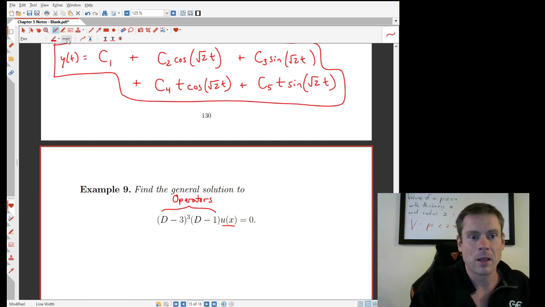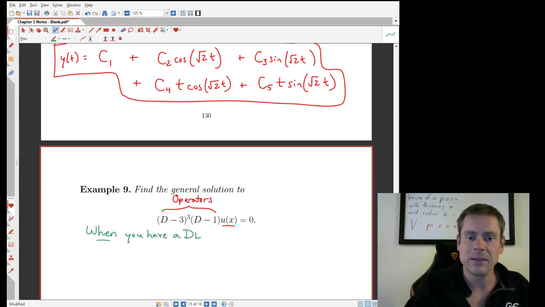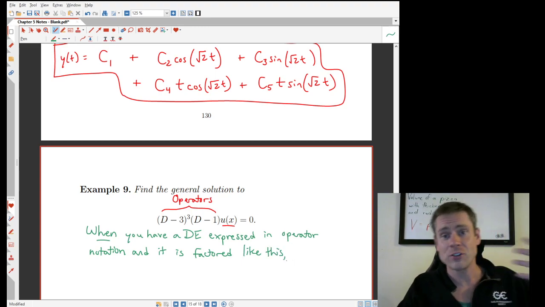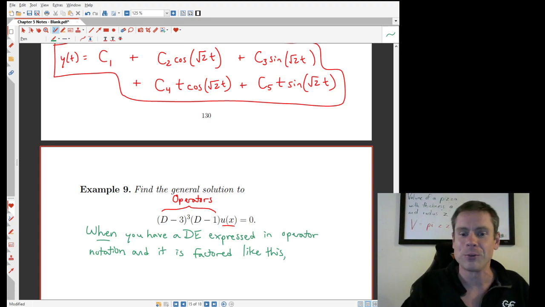So I want to write a little bit of a note about this, but when you have a DE expressed in operator notation, and it is factored down like this, that's done the work for you of actually doing the factoring problem and figuring out what the roots are.